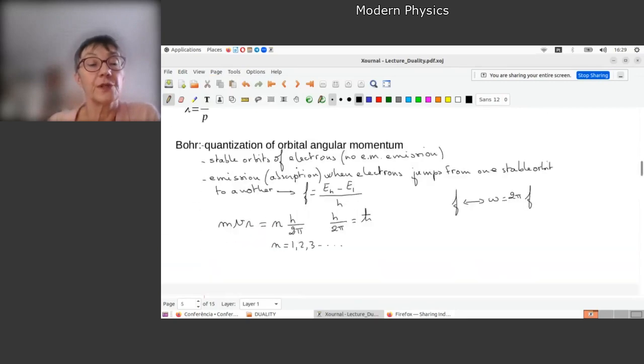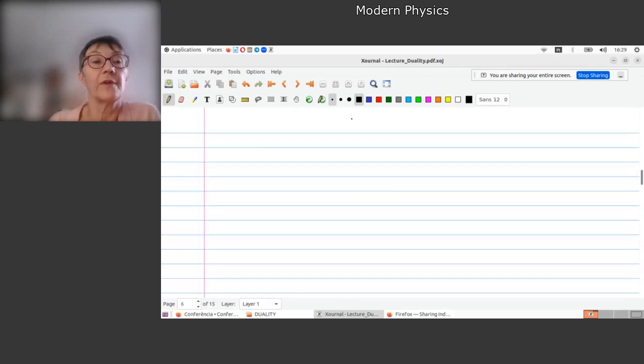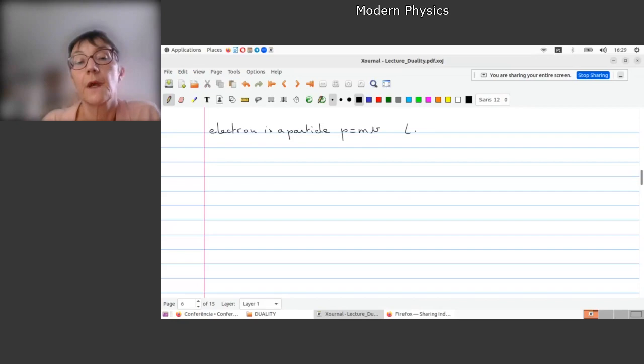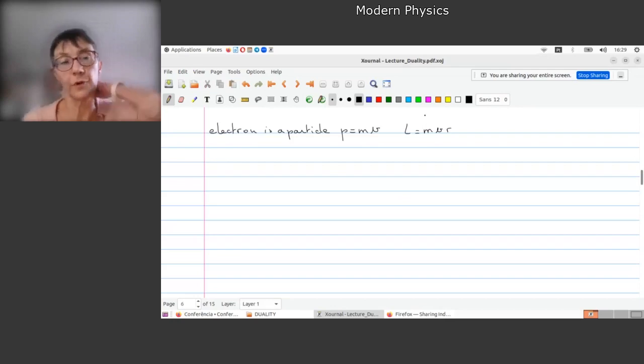So with this new interpretation of the wavelength, the de Broglie wavelength, you have the electron, which is a particle. It has a linear momentum, and it has an angular momentum L, mvr, around the nucleus.